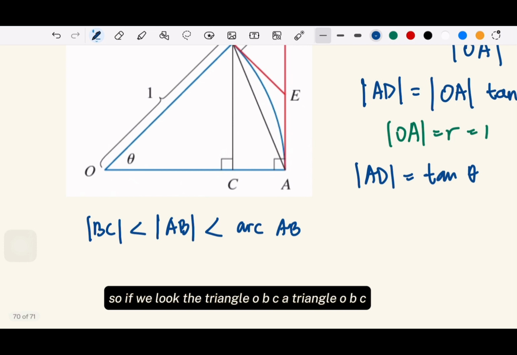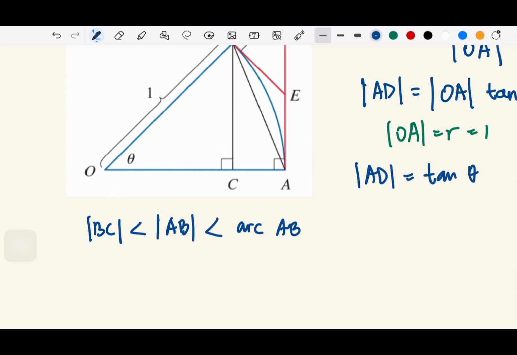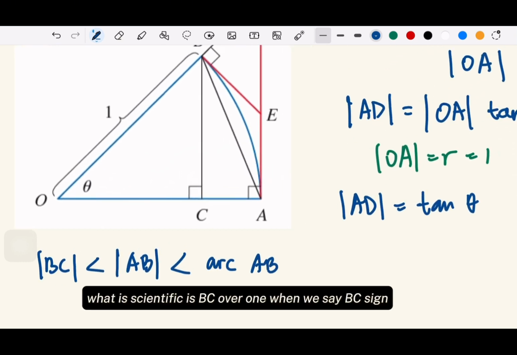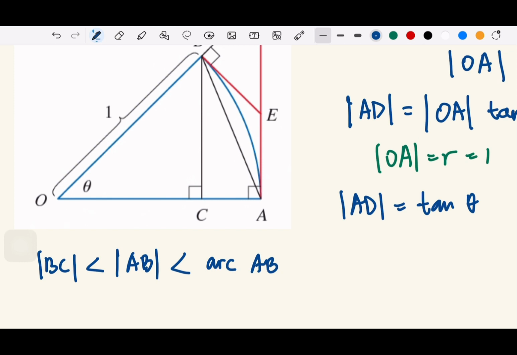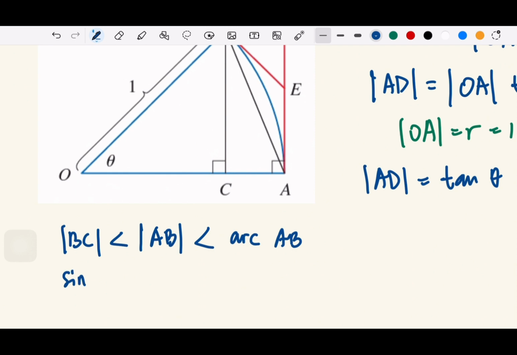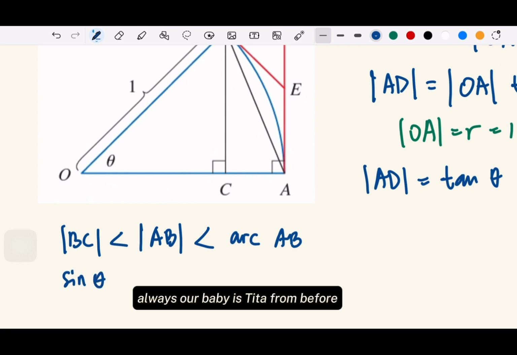If we look at triangle OBC, what is sine theta? It is BC over 1. One could say BC is sine theta, so we can exchange that. What is arc AB? It is theta from before, from our arc measurement.